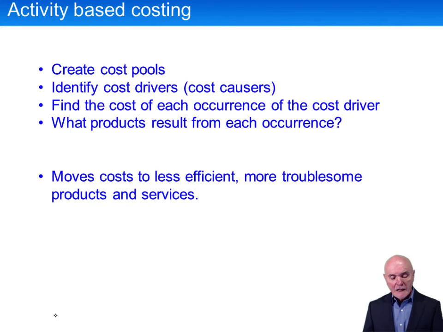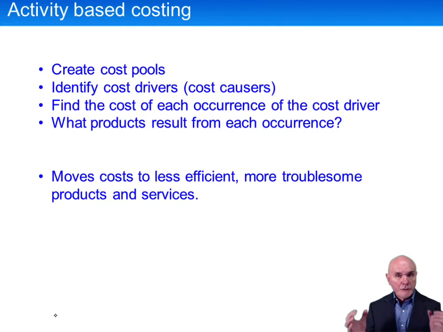And the steps in activity-based costing, first of all, you create cost pools. So what are all the costs, say, associated with quality control? What are all the costs associated with processing an order? What are all the costs associated with setting up a production line and so on?